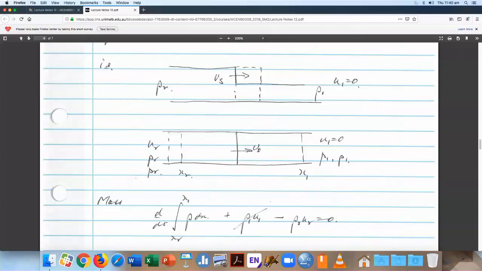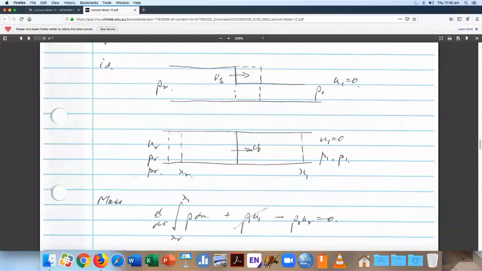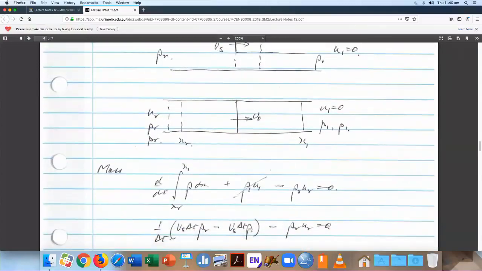So I can do that easily. The volume that's now at density rho 2 is US delta T rho 2. And I've got less at mass rho 1, and that's the volume US delta T rho 1.